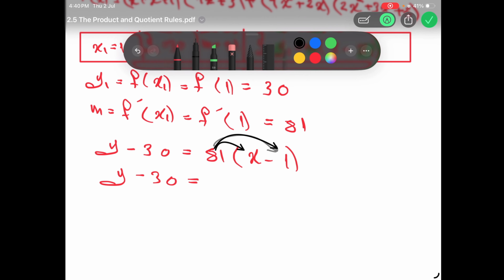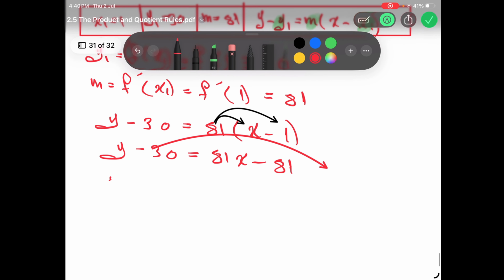This is what we call expansion or the distribution law. So it will be 81x minus 81. Then I will move this minus 30, so it will be y equals 81x minus 81 plus 30.